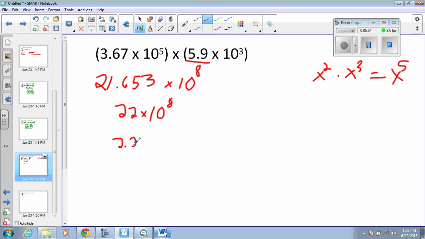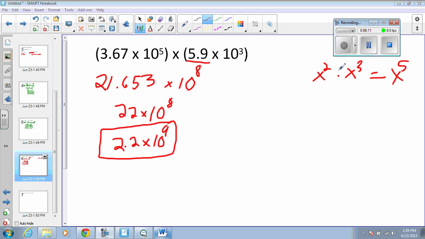That's 2.2 times 10 to the 9th. Again, when you're multiplying exponents, they get added together. So 10 to the 5th times 10 to the 3rd is 10 to the 8th. Multiply your front numbers together, maintain significant digits, and put it into correct scientific notation.